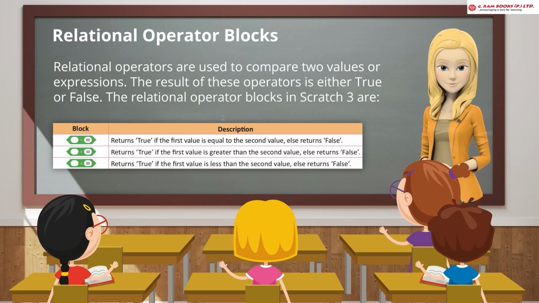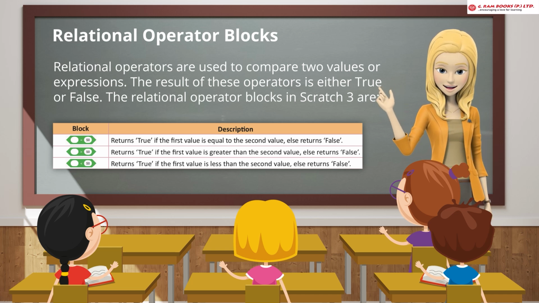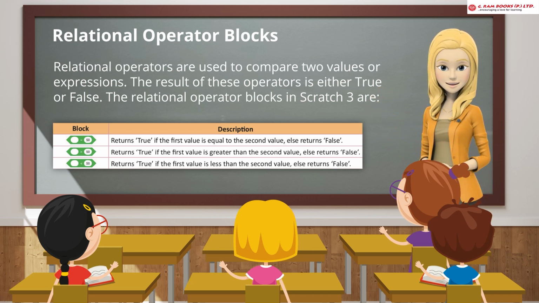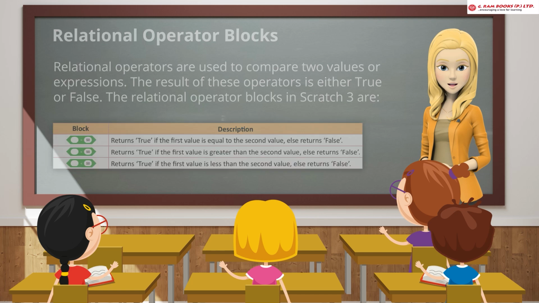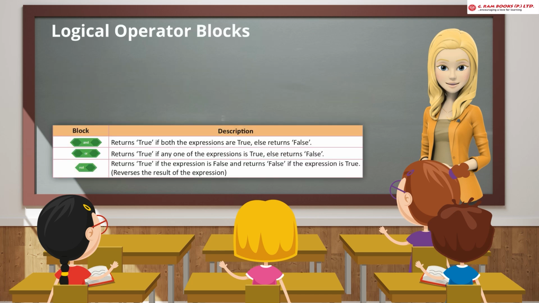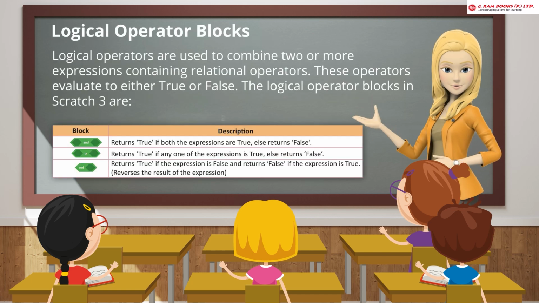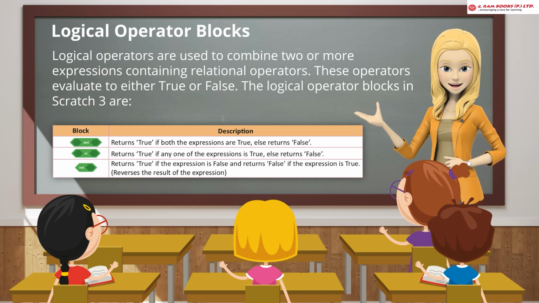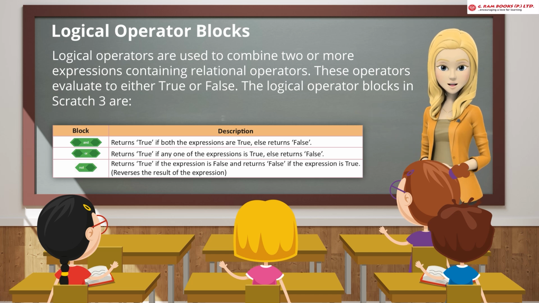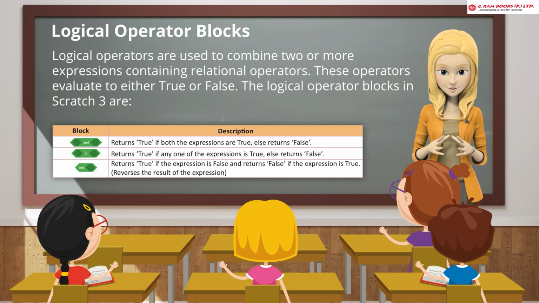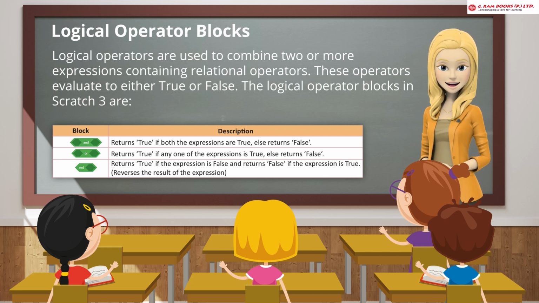The result of these operators is either true or false. The relational operator blocks in Scratch 3 are logical operator blocks. Logical operators are used to combine two or more expressions containing relational operators. These operators evaluate to either true or false.